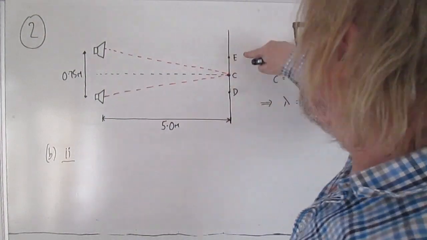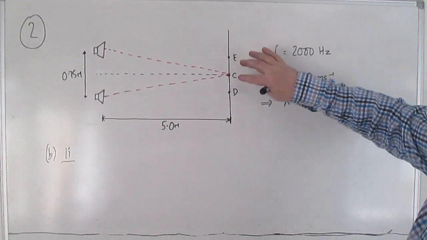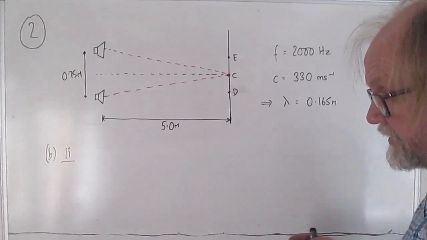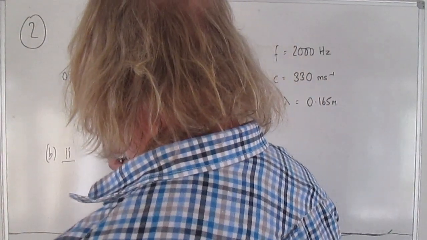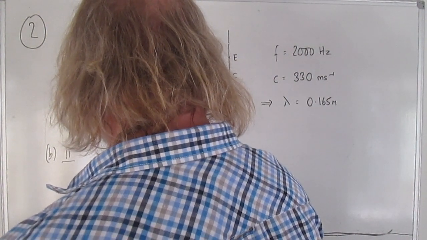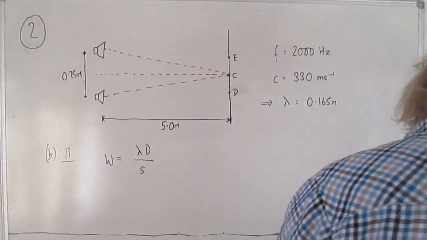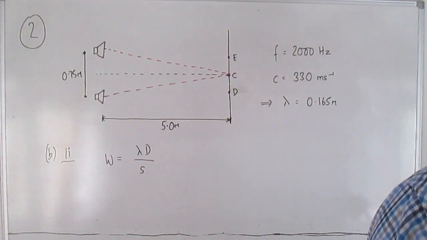Now, in order to calculate the distance between C and E, which is what it asks us to do next, you need to use this relationship, which is again on your data sheet, that W is equal to lambda d over S. That's on your data sheet, but you need to remember what those various terms mean.